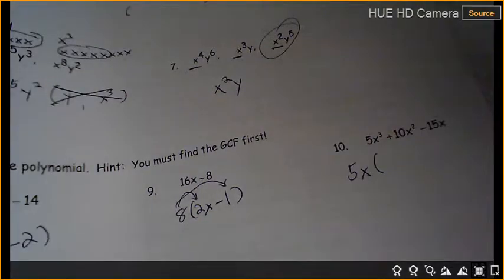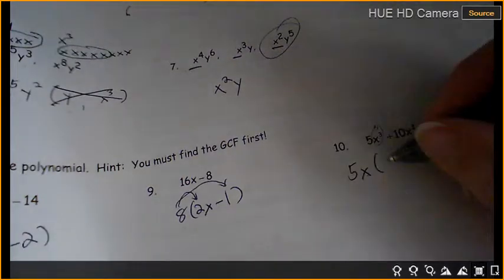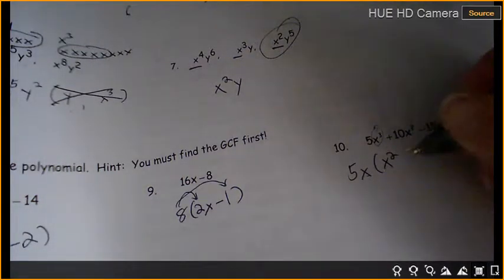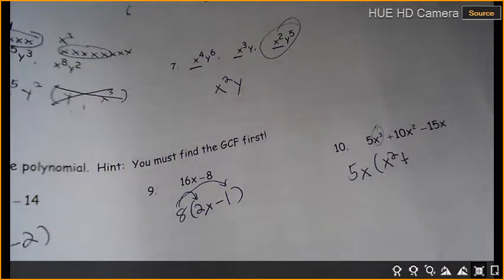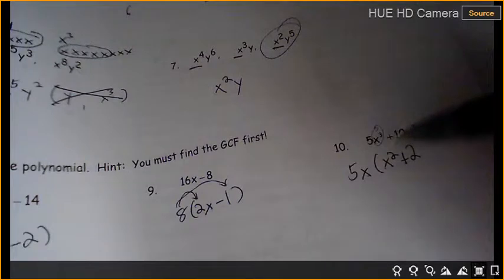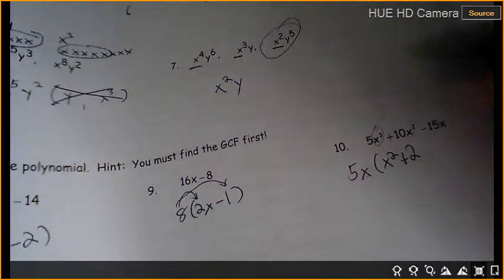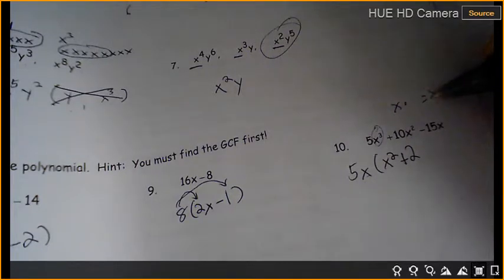I have 1 x here. I have 3 x's here. So I have x squared, plus 5 times what gives me 10? 2. And I have x squared, so I need x times what to give me x squared? x. Good.